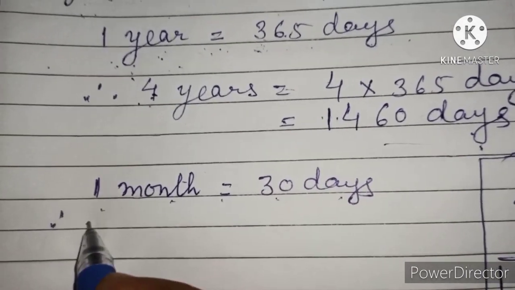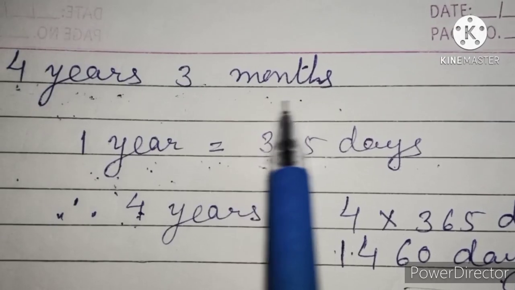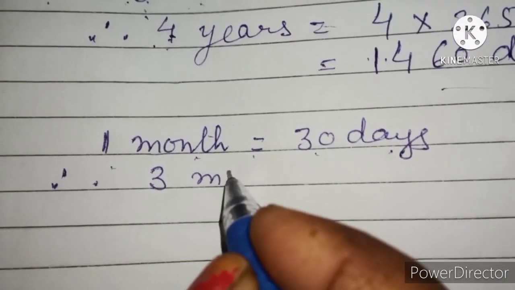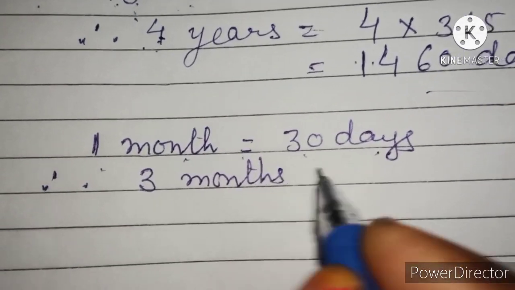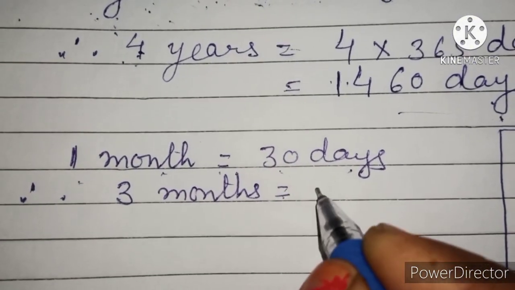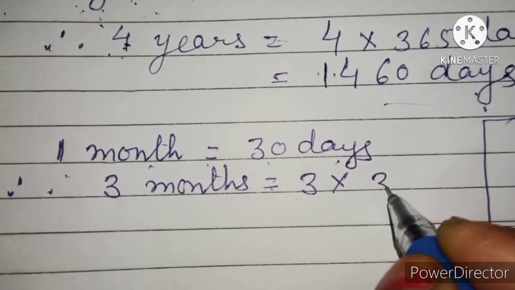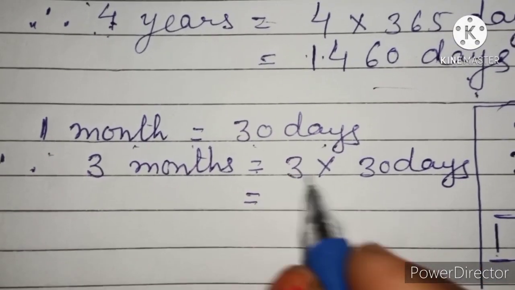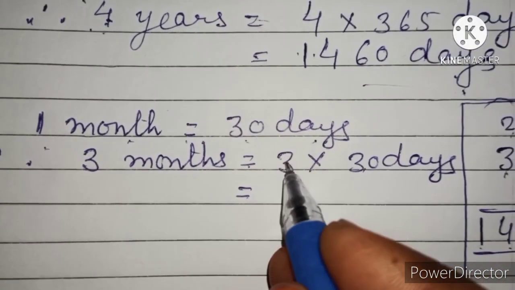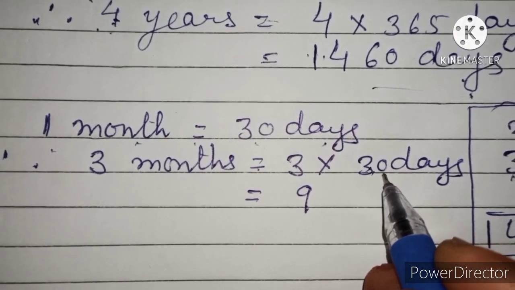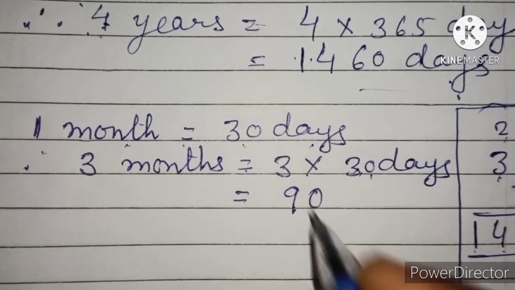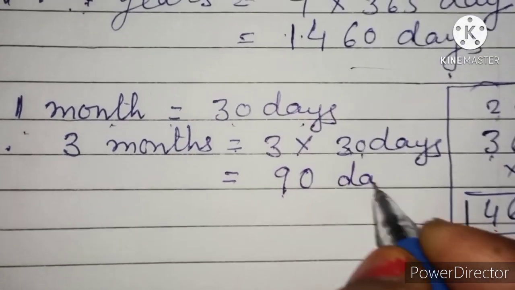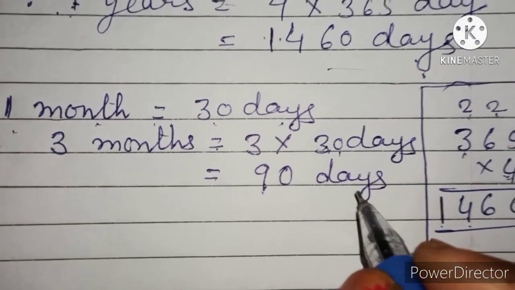So 3 months is equal to 3 multiplied by 30 days. 3 3s are 9. Here 1 zero. So we will put here 1 zero. So the answer will be 90 days.